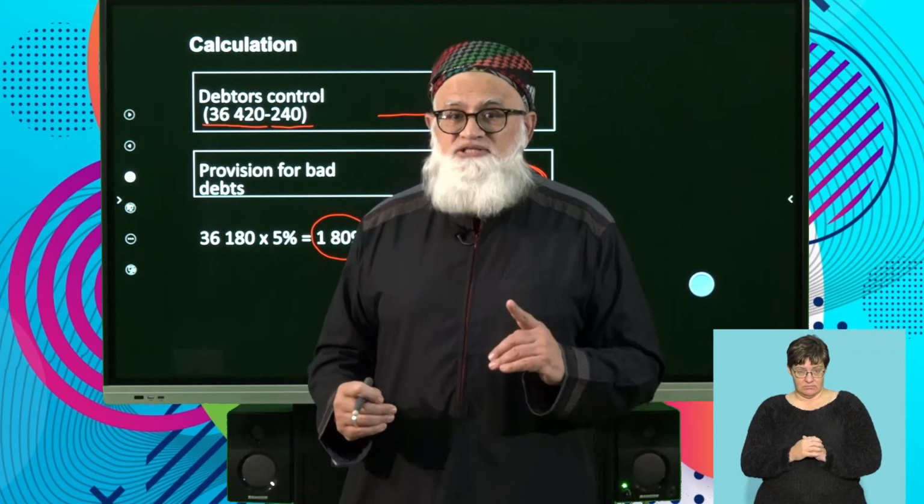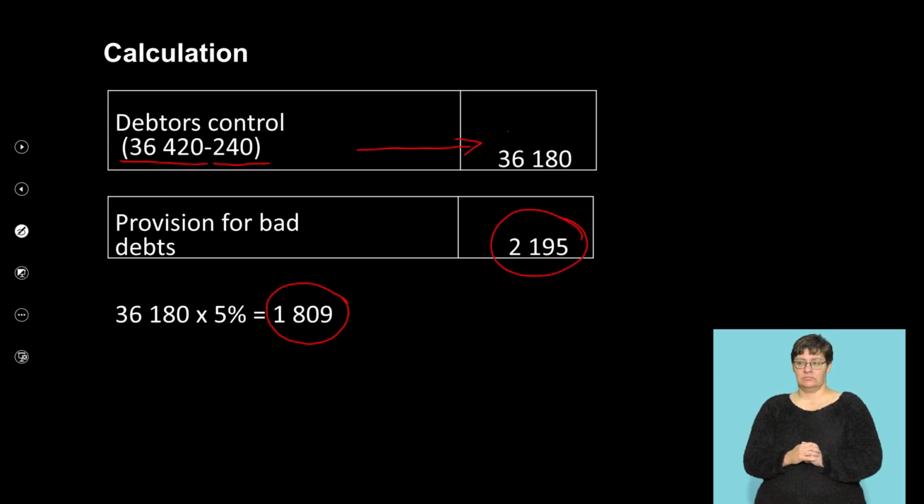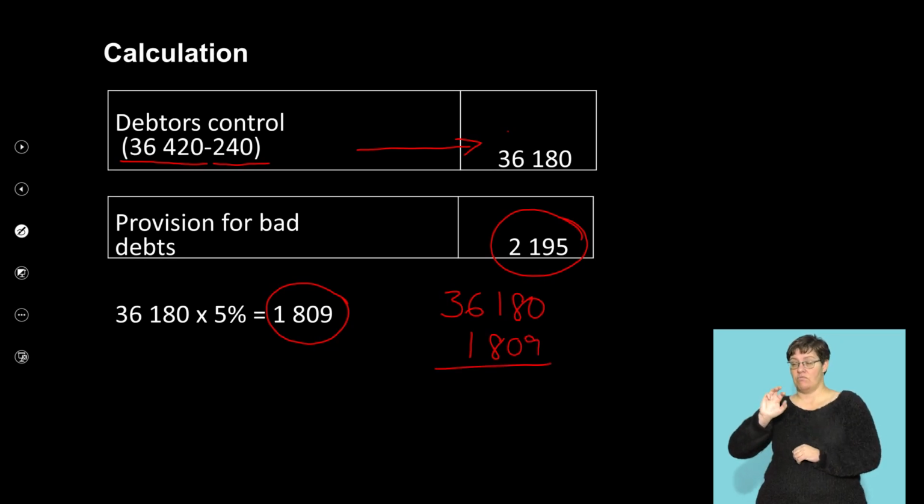Let's look at the impact on the balance sheet. Here we go. When we've done our calculation, now we know that in my balance sheet, you're going to have debtors control as 36180, right? So 36180 less your provision for bad debts now of 1809. Okay, let's do that.